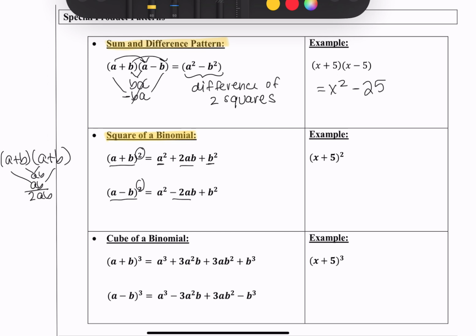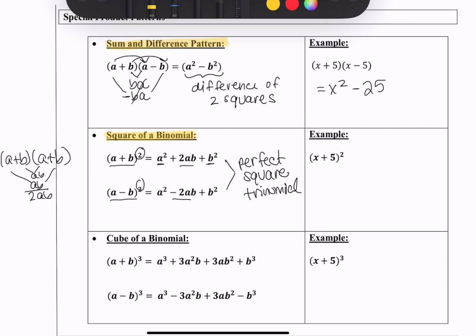And hopefully you recognize that these two are one of your factoring friends. They were called the perfect square trinomial, because the first terms and the last terms were perfect squares, right? And then you multiply them together, you double them, you get those middle terms.